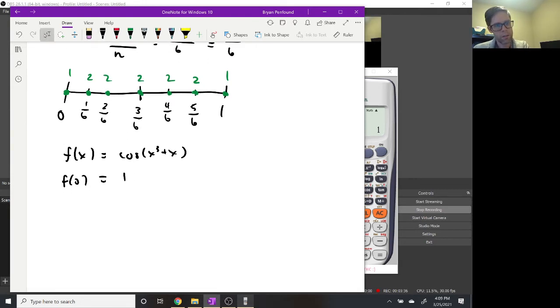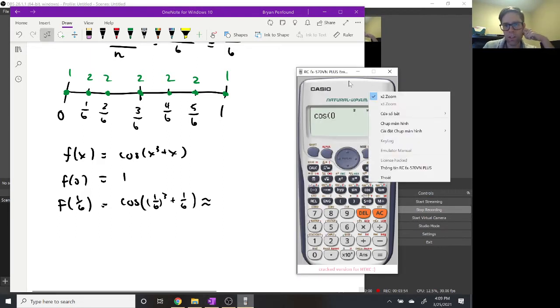The next thing we need to do is calculate our function evaluated at 1/6. So we need cosine of (1/6) cubed plus 1/6. It's going to be a little bit of a pain to do because we're working with fractions, but we should be able to get a rough decimal approximation.